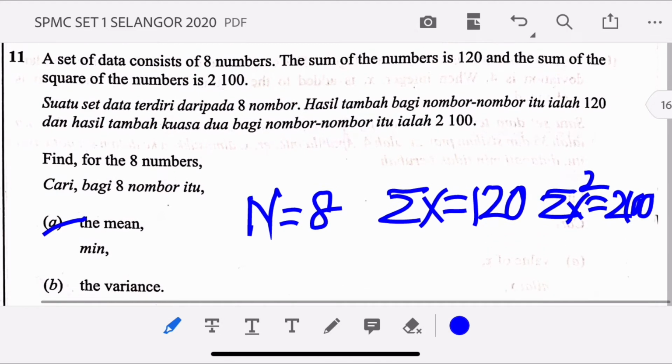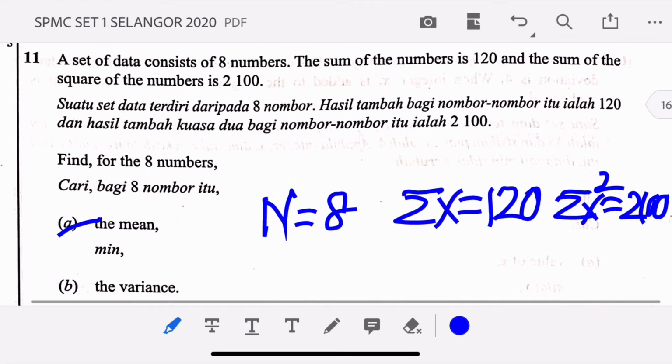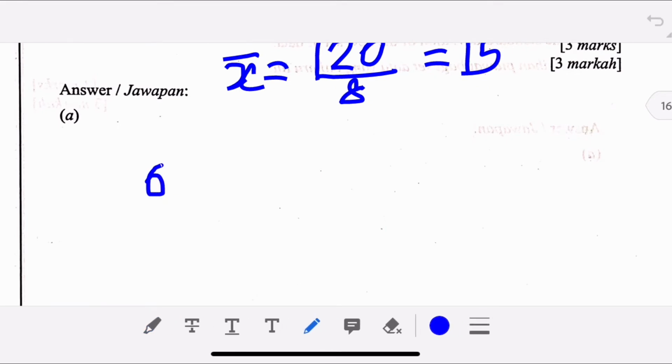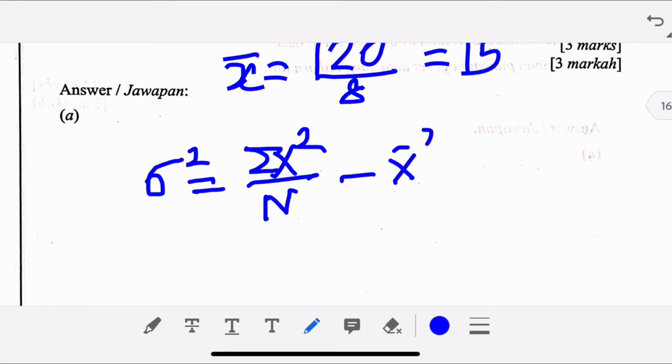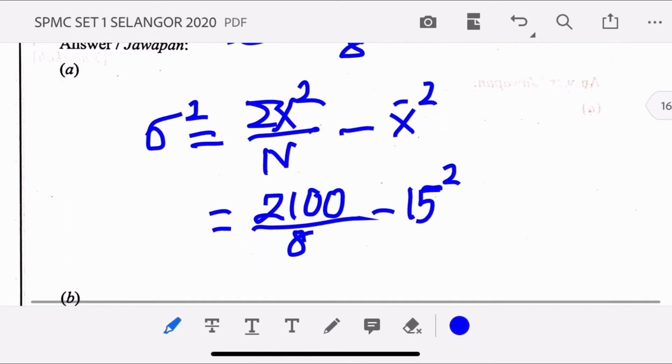Okay, how about the variance? The sum of the numbers is 120, and the sum of the data square is 2100. According to the formula, the variance is given by the sum of the data square divided by the number of data, minus the mean squared. With the information given, the sum of the data square is 2100, n is 8, and the mean is 15 squared.